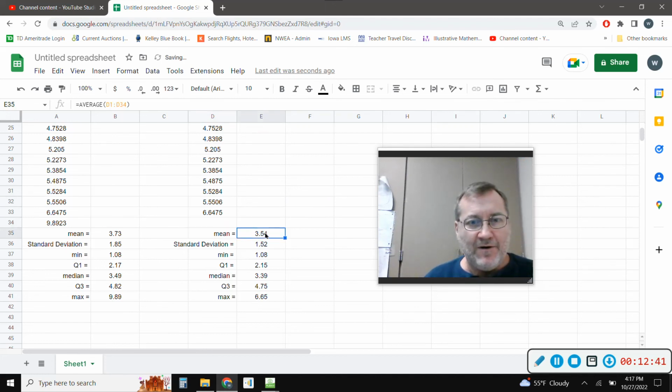And now I'm going to look at this. It still has the 34 in there, but this stops at 33. So I have to take this and put in a 33, right? And now it's going to change that ever so slightly. So what I want to do now is change this little array. So I'm going to copy and paste that into the rest of these commands. All right? So standard deviation now is right there.